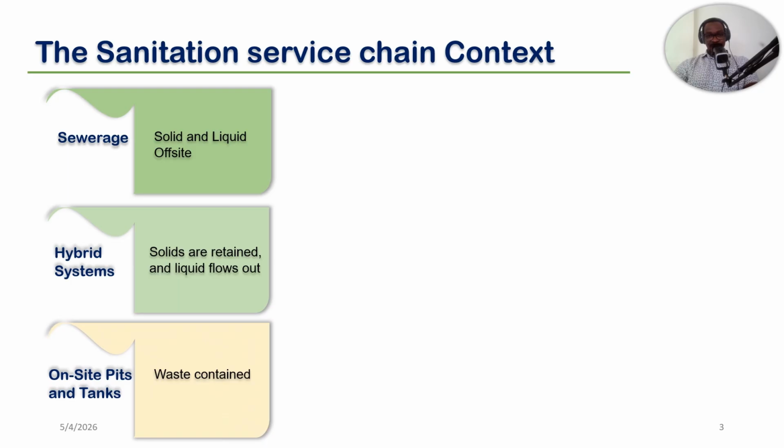Then you have the septic tanks, or what we call the on-site systems, which include the septic tanks and pits. Here you have the waste contained on site, and it's periodically desludged using trucks, gulpers, and sometimes you hear of pumps like the Flexcrevator or pit vac coming to your site to pick them.